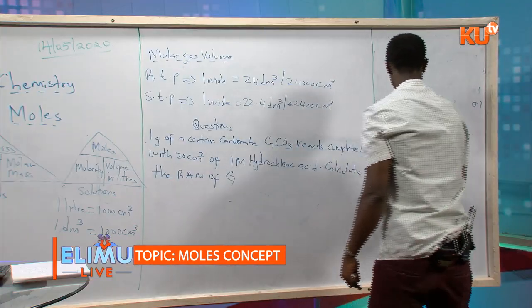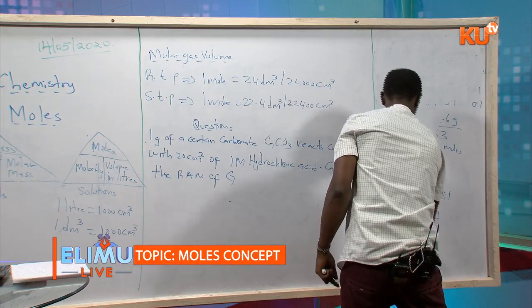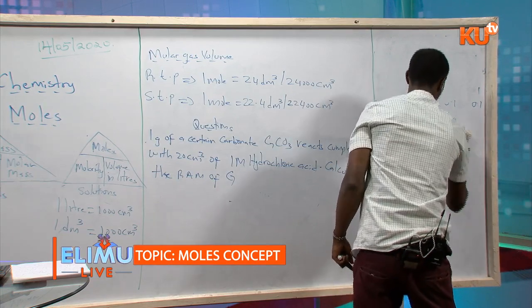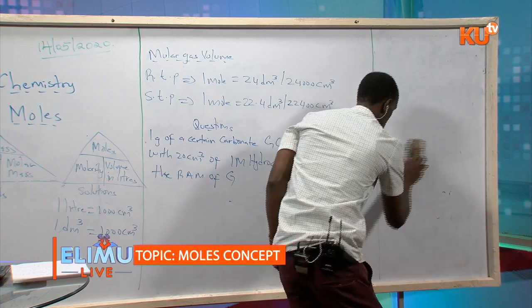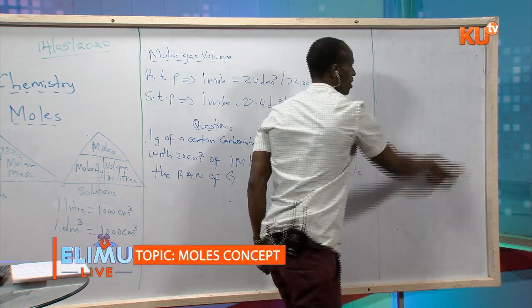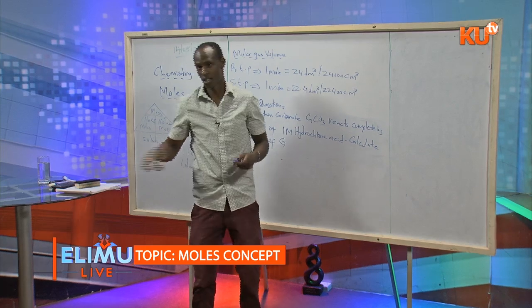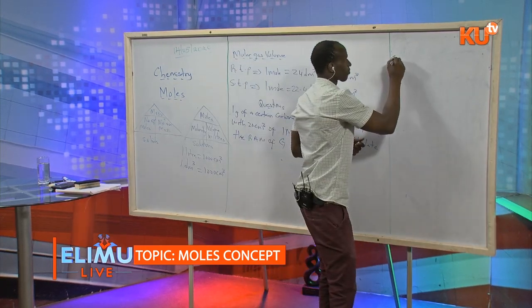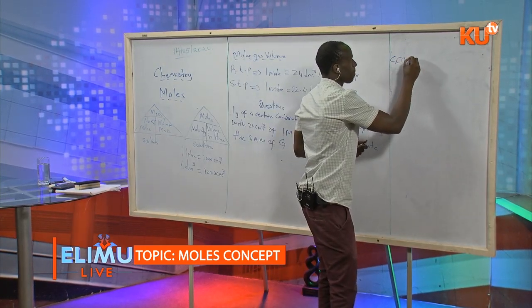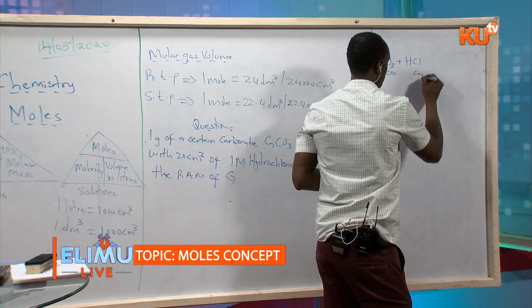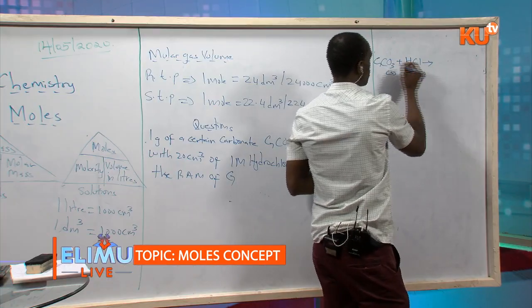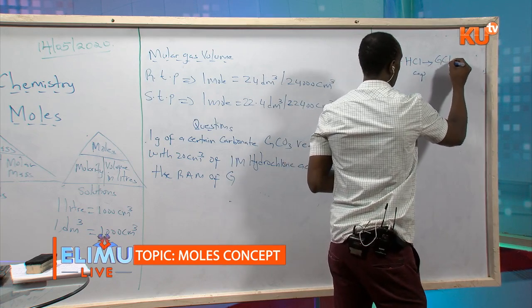Our chemical equation is G carbonate plus HCl, or hydrochloric acid. G carbonate is GCO3. CO3 stands for carbonate. So GCO3, it's a solid, plus HCl, aqueous, to give you the salt, G chloride.